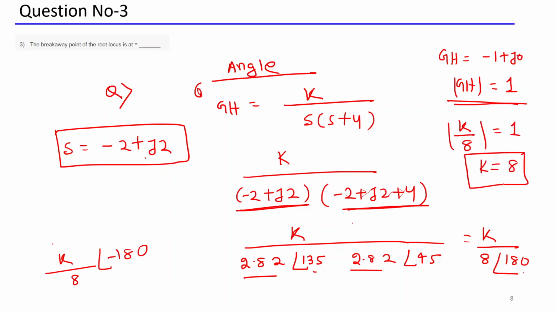It means the magnitude condition is required to find out the system gain. Understand why the magnitude condition is required and why the angle condition is required. Angle condition is required to know whether a system pole lies on the root locus or not, and magnitude condition is required if that point lies on the root locus, then at that point what is the system gain. Are you following?